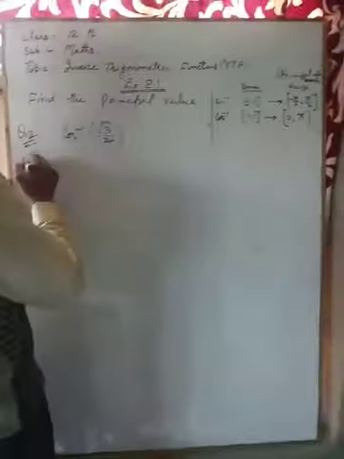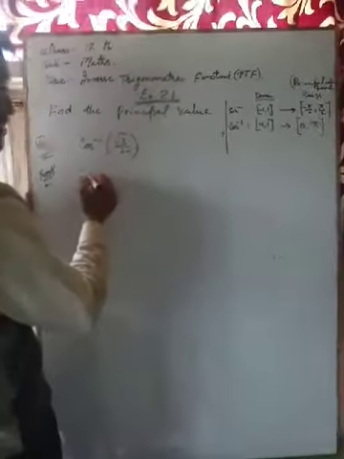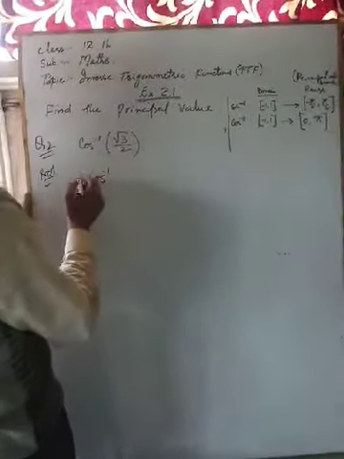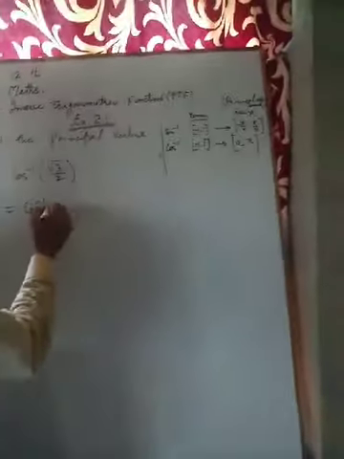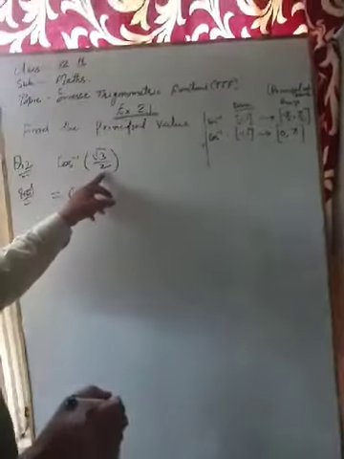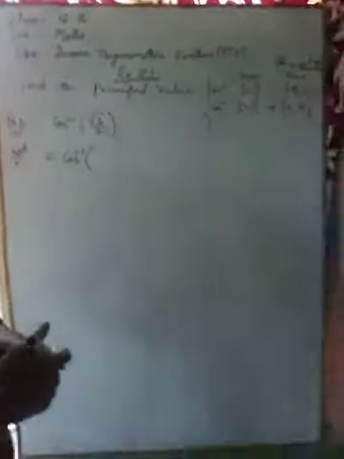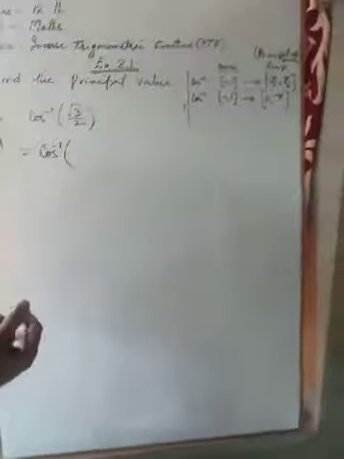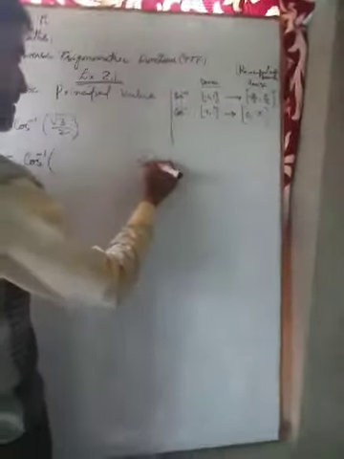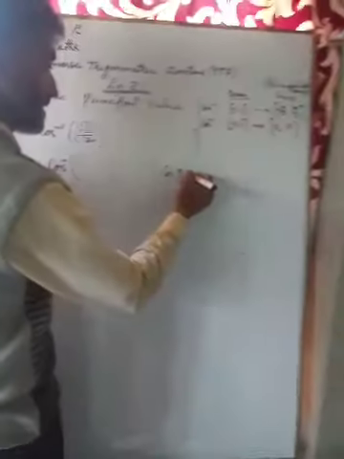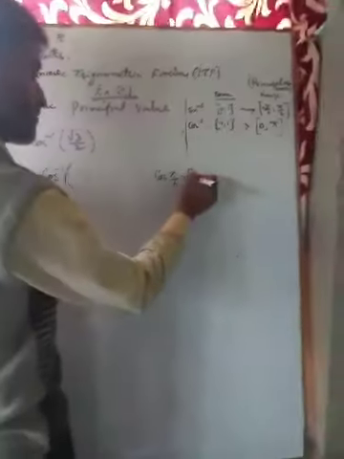So we can write it as cos inverse √3/2. If we look at the cos table, cos of π/6 is equal to √3/2.